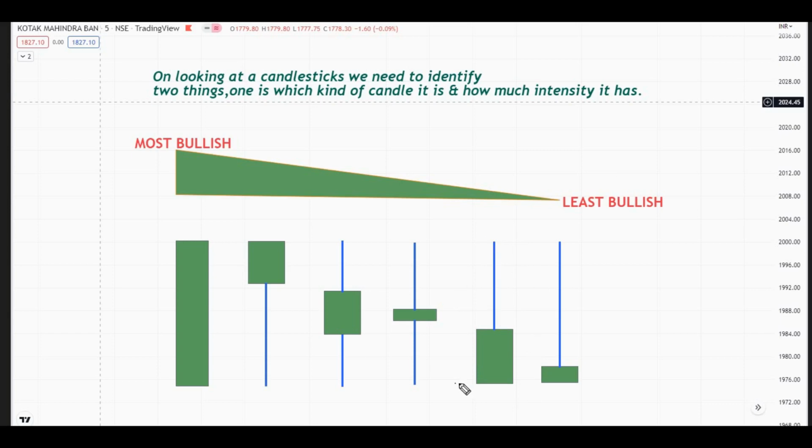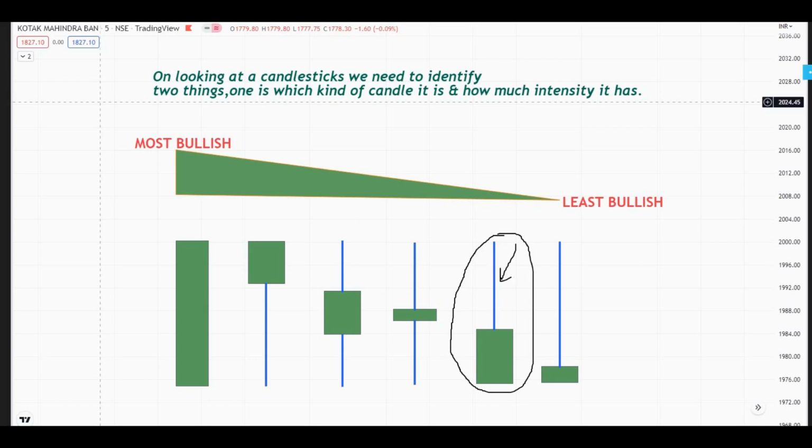See, prices open around here, bulls push the prices aggressively towards the upside, but from here a sharp rejection was seen in the market and sellers push the prices aggressively towards the downside and close the prices around this level, which is below the 50% of the range of the entire day, so we can say that it is still a bullish candle, but sellers have gained control at this prices.